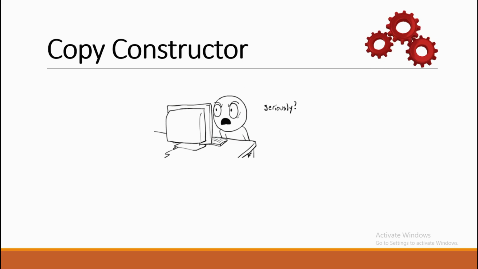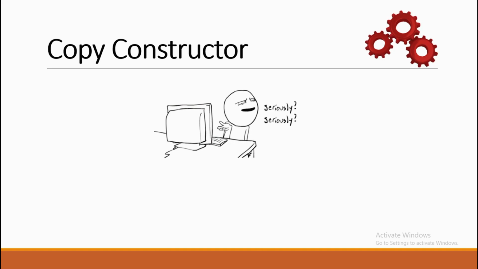The copy constructor is used to initialize one object from another of the same type. It is also used to make a copy of an object to pass it as an argument to a function.